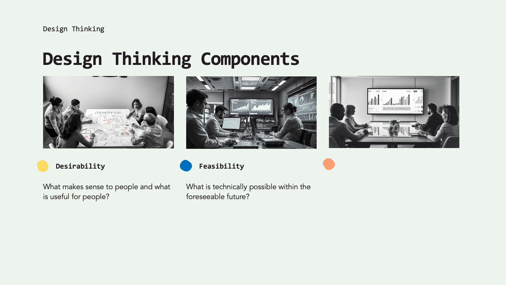The next one is feasibility. It examines the technical and operational capabilities required to implement the solution. It assesses whether the idea can be realistically developed with available technology, skills, and resources.